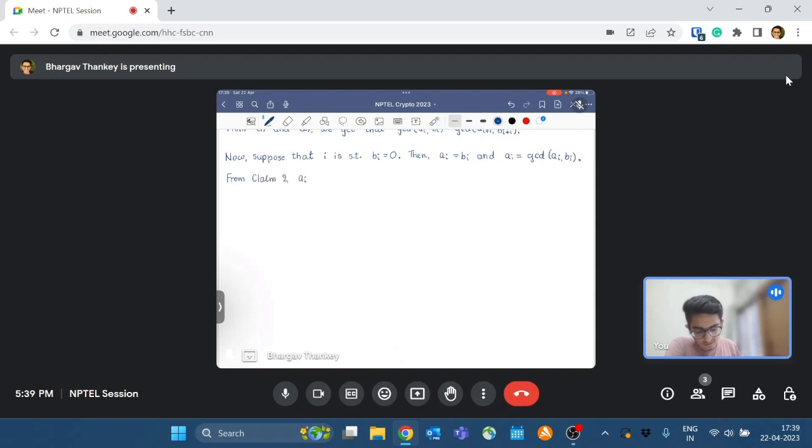This means that AI is the GCD of AI minus 1 comma BI minus 1, which is the same as the GCD of AI minus 2 comma BI minus 2, and so on, all the way up to the GCD of A1 comma B1, but A1 and B1 are just A and B. So AI is the GCD of A and B.